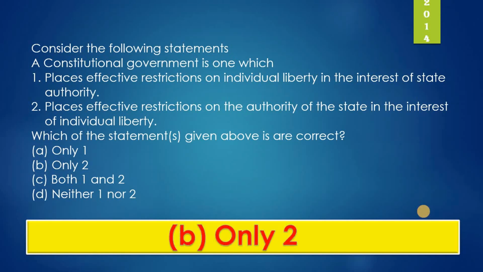So the answer is option number B, that is only the second statement is correct, because a constitutional government provides different rights and liberties and protects individual liberties, and does not place restrictions upon them. So the first statement is incorrect and only the second is correct.